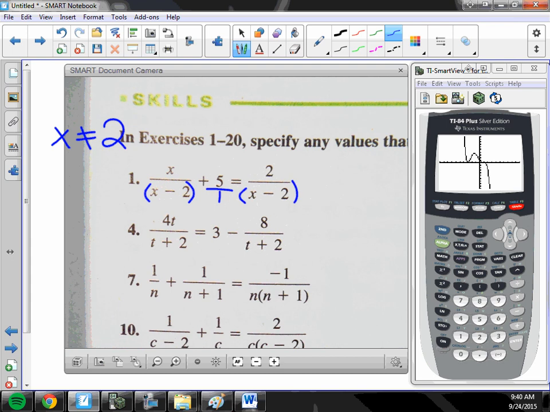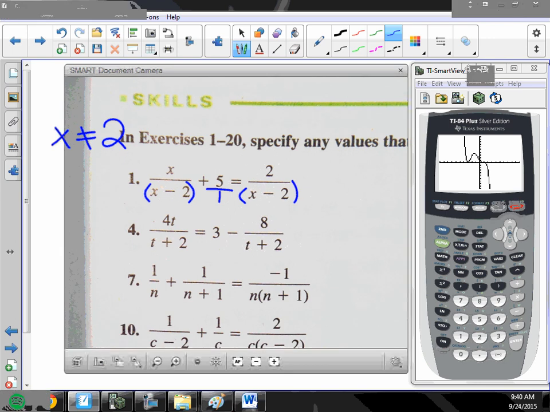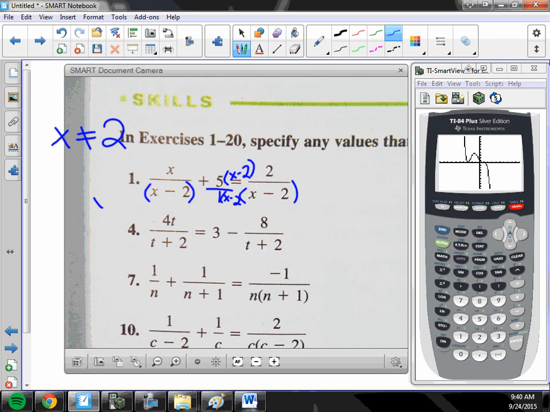Do I want to times it by x minus 2 twice? I could, but then I would simplify something out in the end, and it's not worth it. So this needs to be multiplied by x minus 2 over x minus 2. And that gives me x over x minus 2 plus 5x minus 10 over x minus 2 equals 2 over x minus 2.